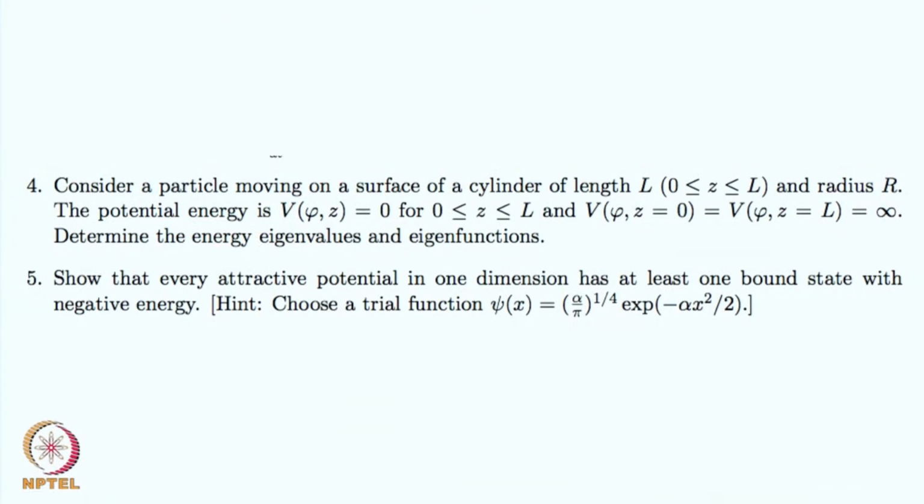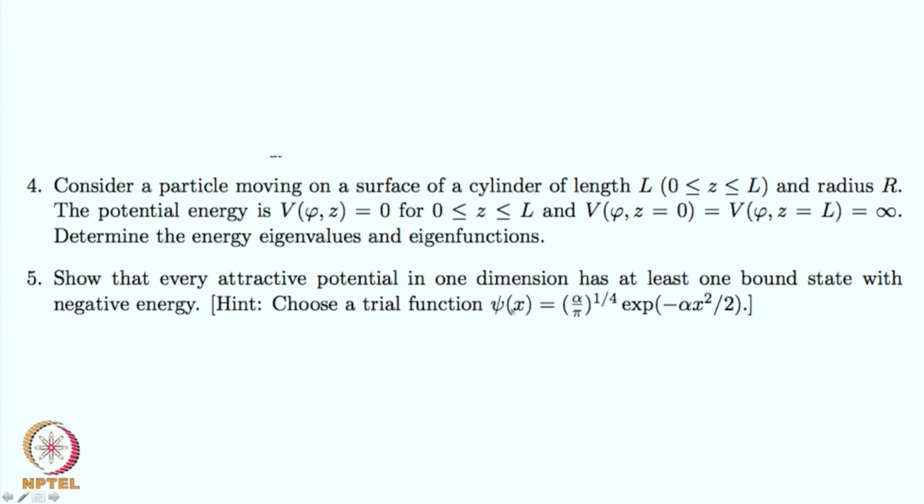The question is: show that every attractive potential in one dimensional box has at least one bound state with negative energy, and you can prove this using a trial wave function.